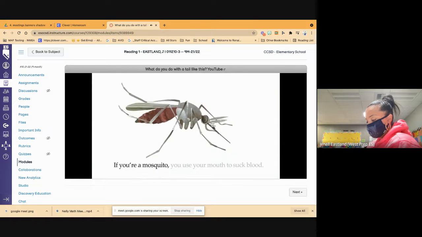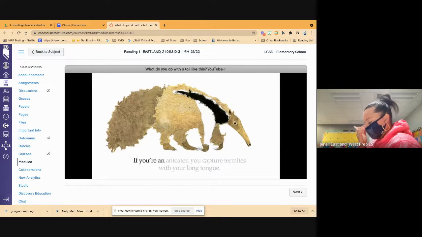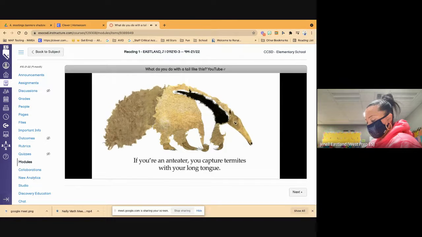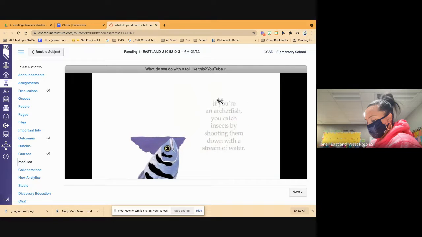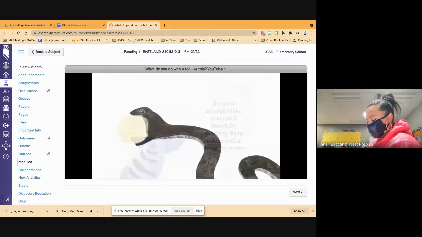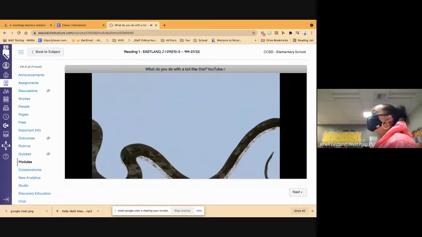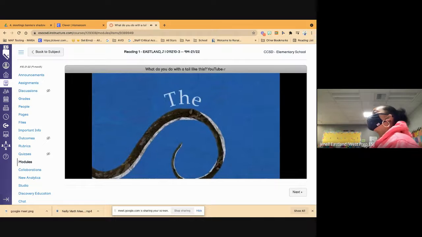If you're a mosquito, you use your mouth to suck blood. If you're an anteater, you capture termites with your long tongue. If you're an archerfish, you catch insects by shooting them down with a stream of water. If you're an egg-eating snake, you use your mouth to swallow eggs larger than your head. The end.